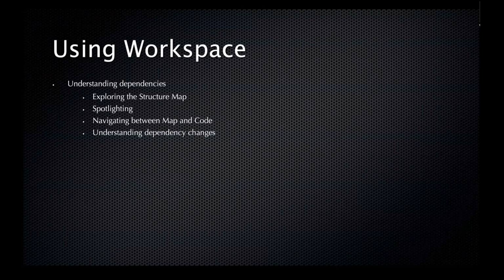And that navigation, when you navigate from your code to Workspace, that was using the spotlighting mechanism. So you can quickly have a look at the dependencies that go to and from any particular item in the code.